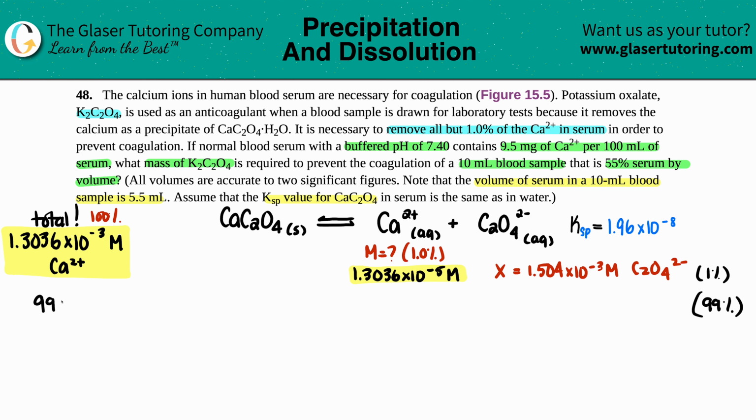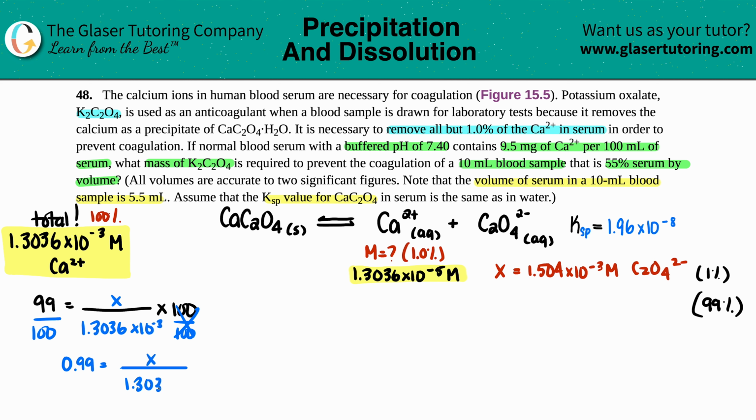So if we just do quickly another percentage equation, 99% equals something divided by something times 100. The total, remember, is still the same number, 1.3036 times 10 to the negative third. And we'll just solve for X, right? Divide by 100 on both sides. I get 0.99 equals X over 1.3036 times 10 to the negative third.